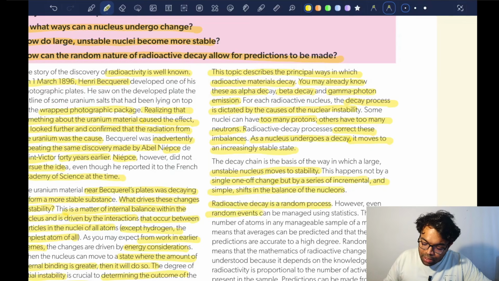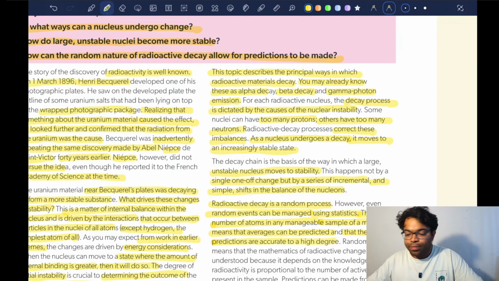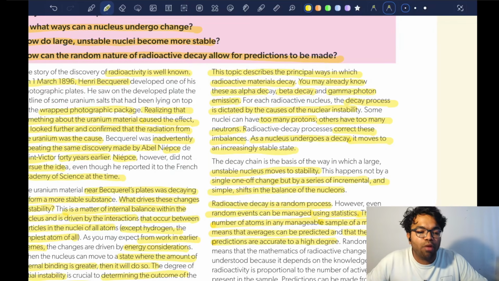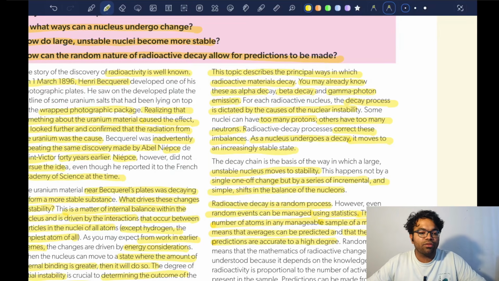However, even random events can be managed using statistics. The larger the number of atoms in any manageable sample of a material, the more the averages can be predicted, and the predictions are accurate to a higher degree. For example, let's talk about probability. Akshay, if I ask you to toss a coin three times or six times, let's make it a round even number, can you say with certainty that heads will come three times and tails three times?